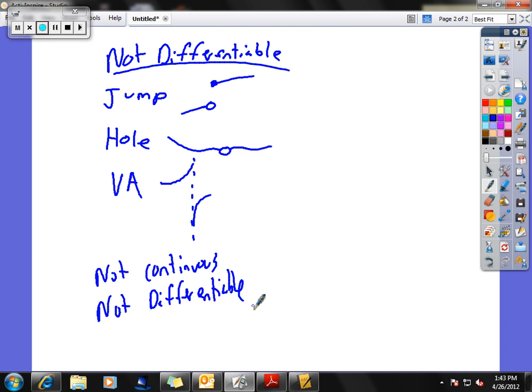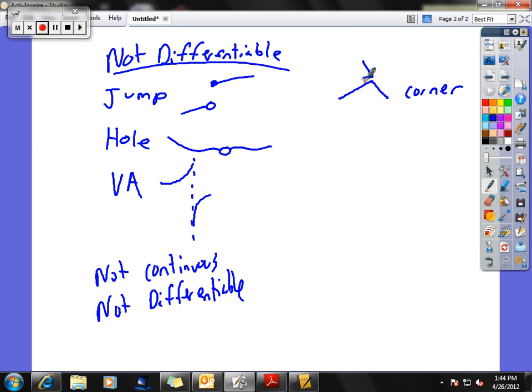Now, there's some other stuff that's not differentiable though, which is if you have a corner. A corner is not differentiable just at that corner. It is differentiable on the lines next to it, but not at the corner.